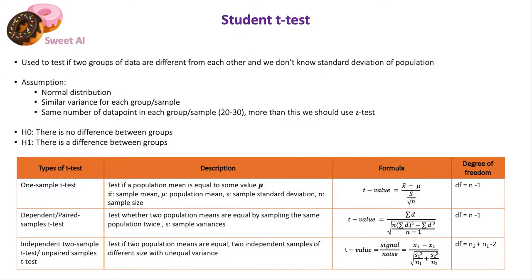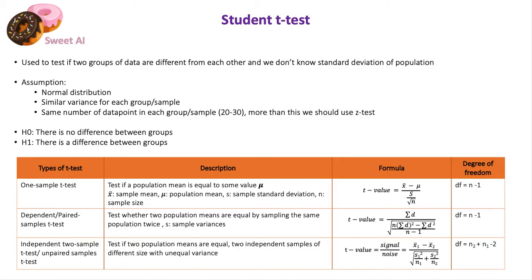And let's now talk about the student t-test. The student t-test is used to see if two groups of data are different from each other, and we don't know the standard deviation of the population. So when we don't know that, we use the t-test. The assumption is still that we have a normal distribution, similar variance for each group or sample, and the same number of data points, which is smaller than 30.